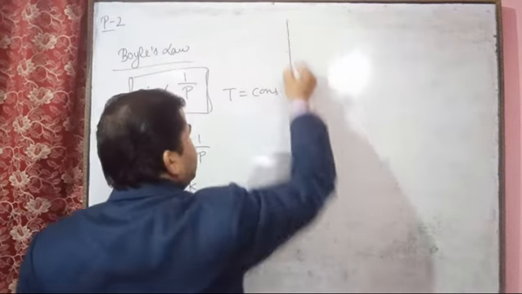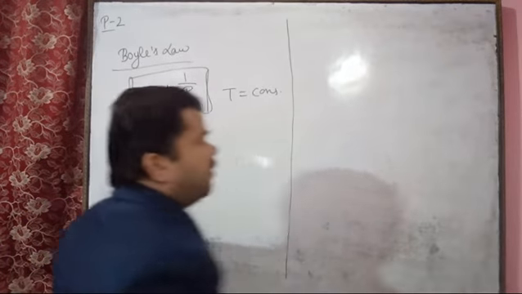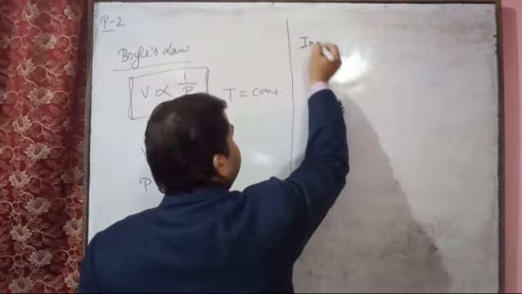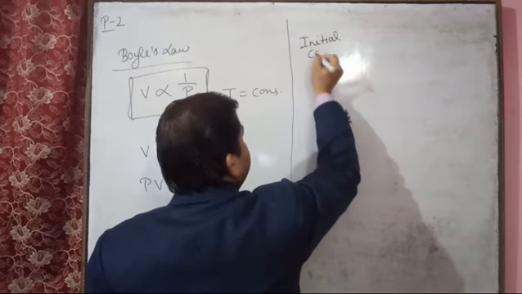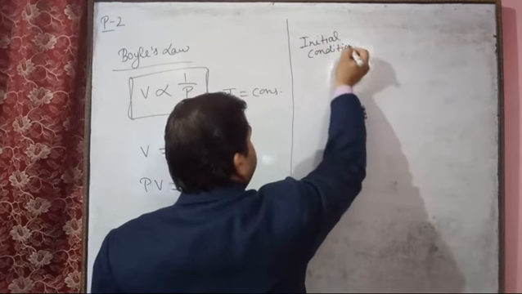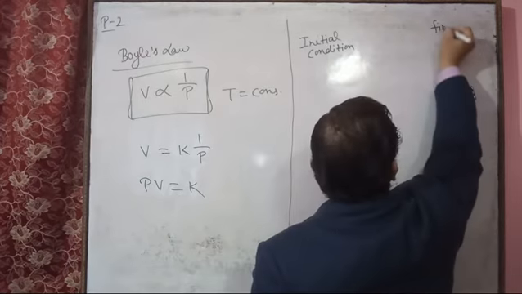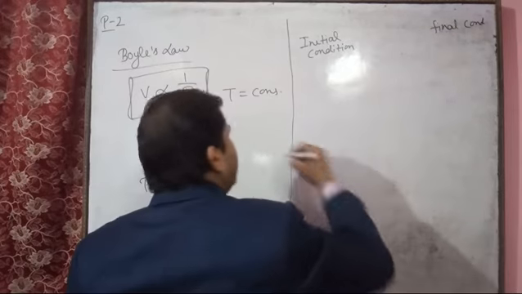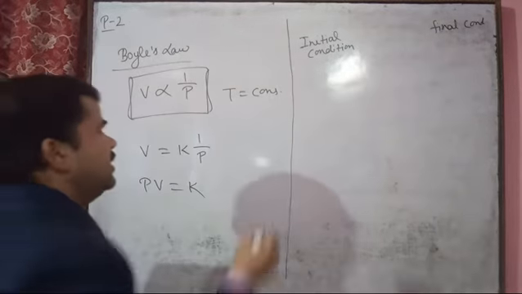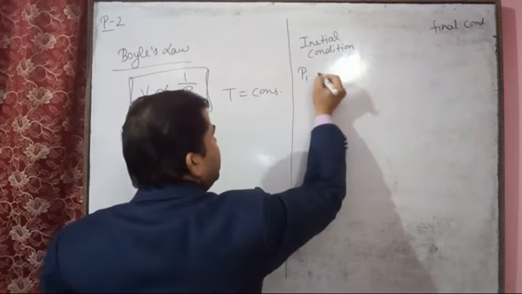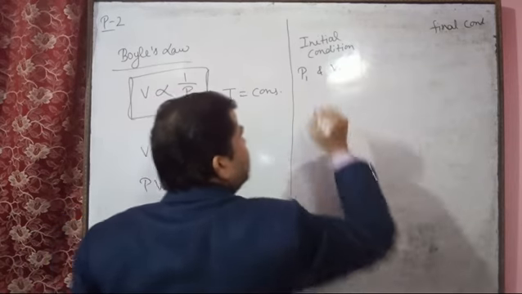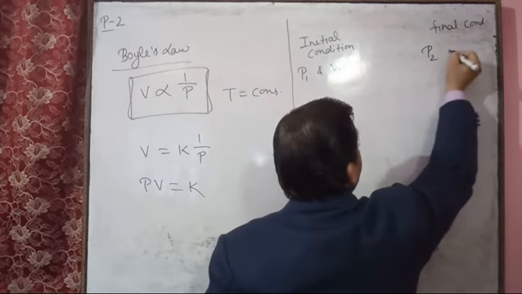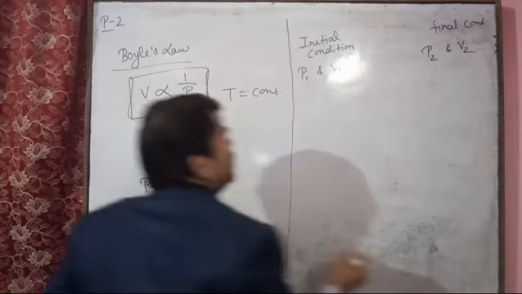After this, for the initial condition and final condition of the gas, we can write: for the initial condition, we consider pressure as P1 and volume as V1, and for the final condition, pressure P2 and volume V2.